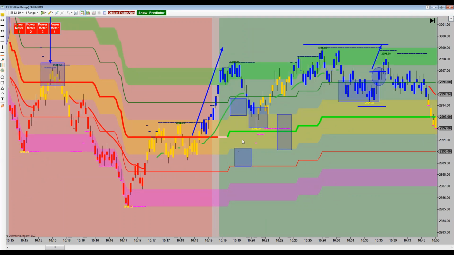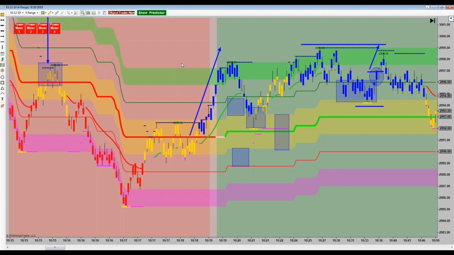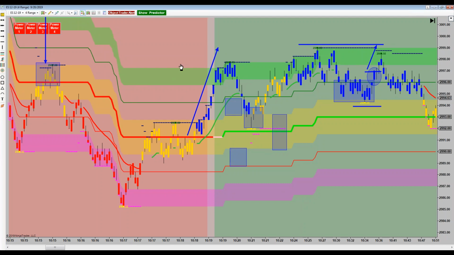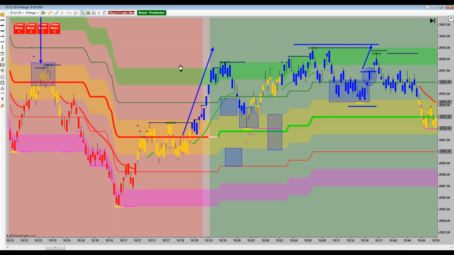Get those bars nice and big for you. Okay, we're at 10:50 a.m. Pacific, ES, looking for midband long trades. Type in an L when you think you see one. 10:51 a.m. Pacific, ES, midband long trades.